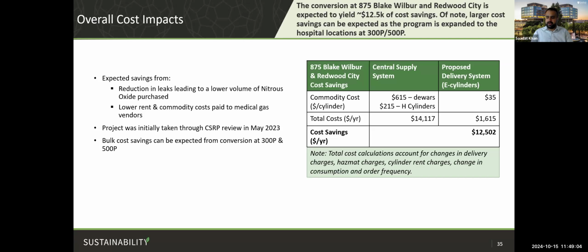And then for total operating costs, including delivery charges, hazmat, cylinder rent, change in consumption, and order frequency, we are seeing about $12,000 in savings from a system that was costing about $14,000 per year to operate.